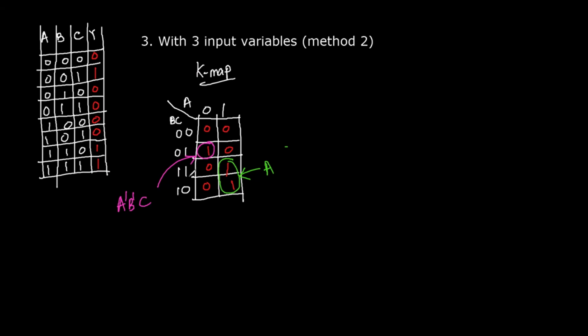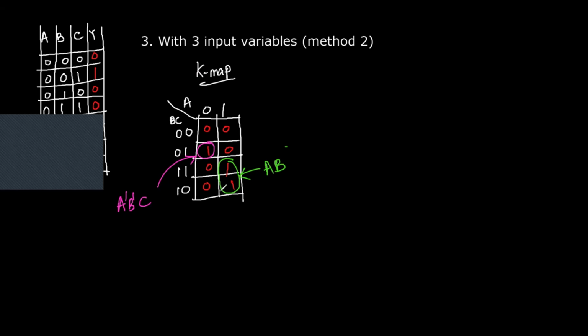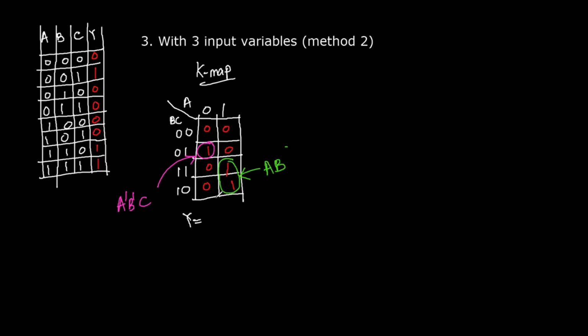B is a constant, but C keeps changing. So we just have a B over there. So coming up with an expression for this particular truth table, we see that the output Y is the combination of AB, which is A and B, or A prime, B prime, C.